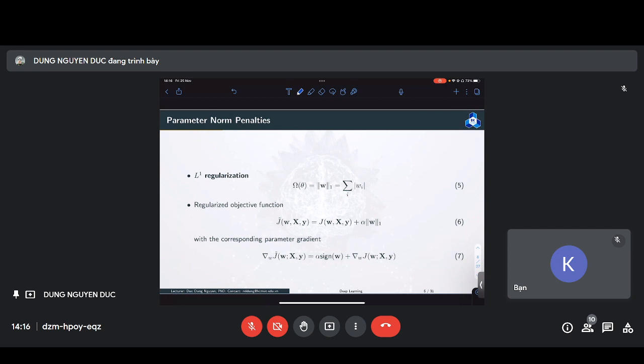If you take a look at the gradient, it's very simple. It's just alpha multiplied by the sign of your weight matrix, plus the gradient.